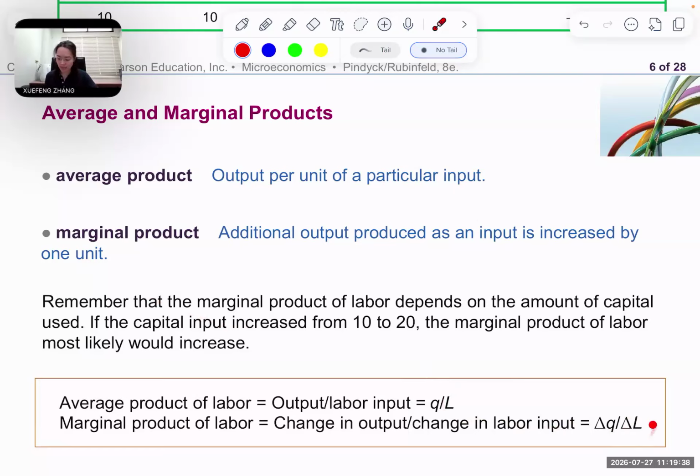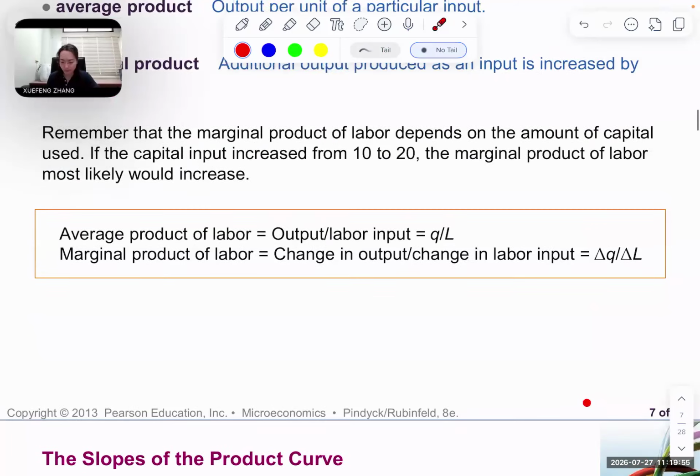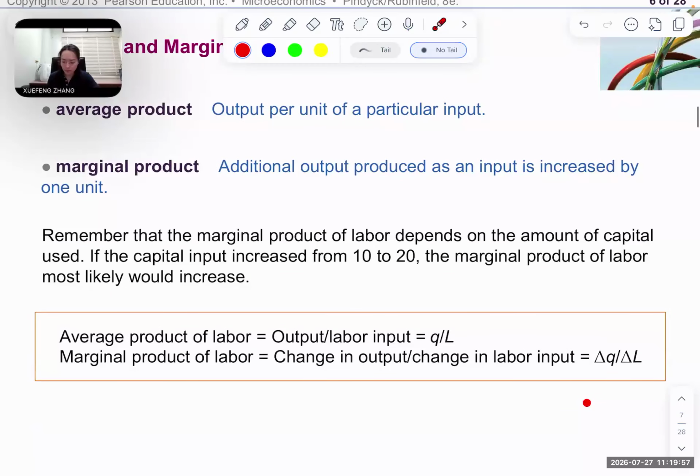Okay, so we have this formula delta Q over delta L, which means how much extra output does the next worker add? And one important point, marginal product isn't fixed forever. It depends on how much capital the worker has to work with, okay?